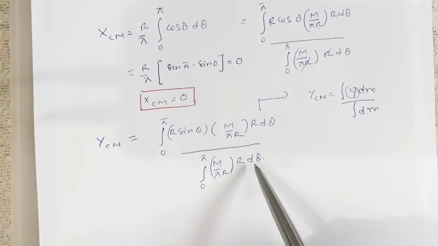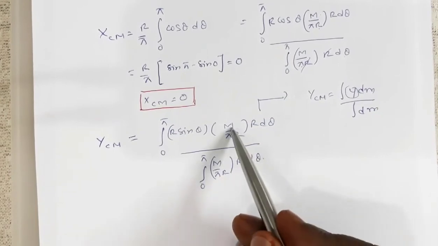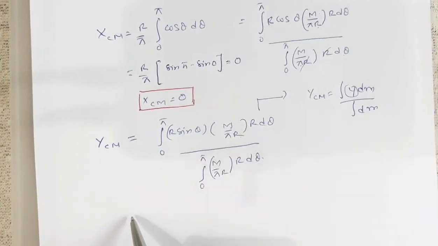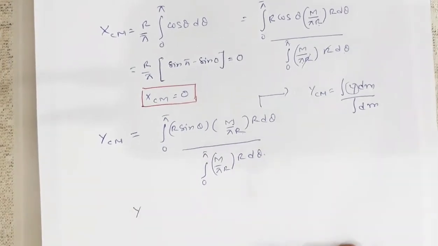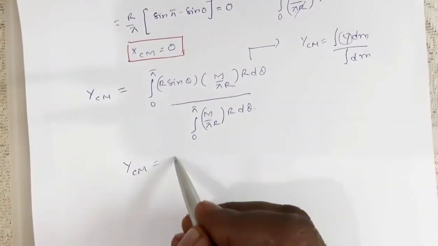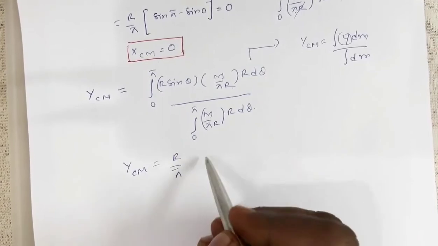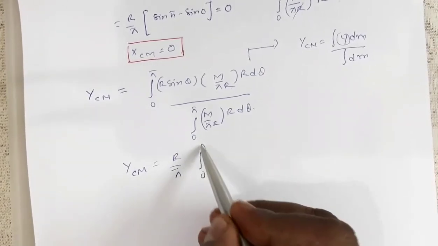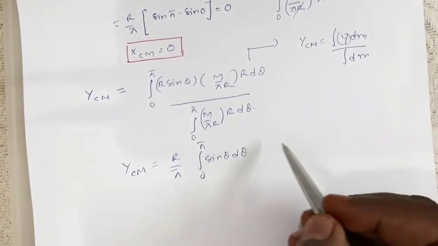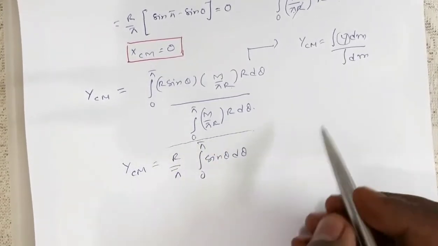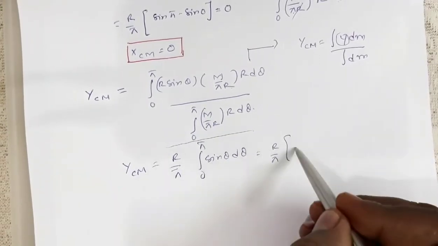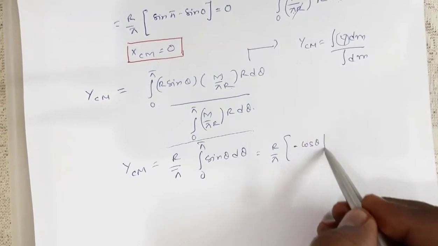Now if we integrate the denominator, again we get m. This m and this m cancel out, this r and this r cancel out. So we are left with YCm is equal to r by pi integral 0 to pi sin theta d theta. So this is r by pi, and the integration of sin theta is minus cos theta, from 0 to pi.